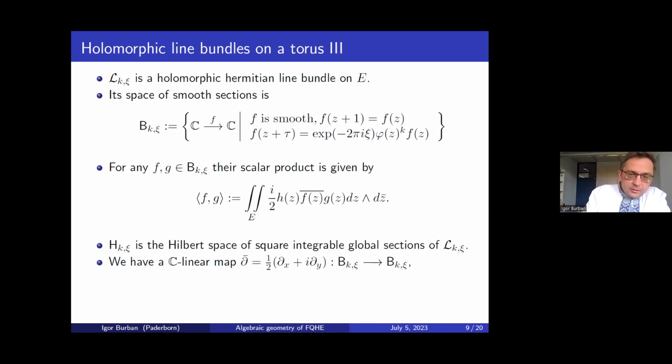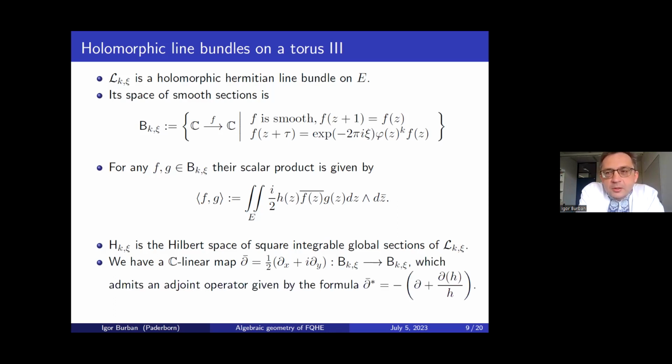Another exercise is that this operator admits an adjoint operator, given again by differentiation, and it involves my chosen Hermitian metric. So now I can construct the Schrödinger operator, applying del bar and coming back by adjointness.